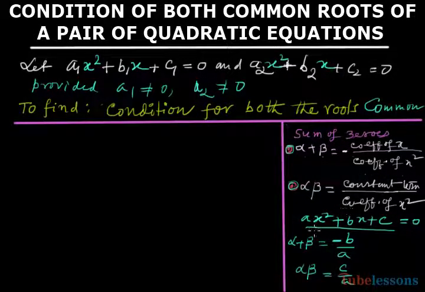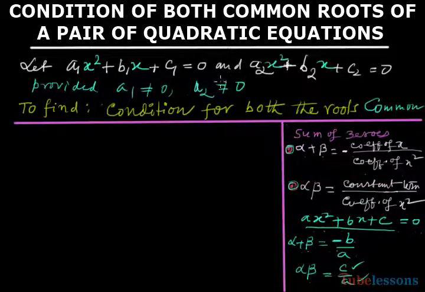So when the equation is ax square plus bx plus c equals 0, the sum of the zeros alpha plus beta is minus b by a, that is, minus the coefficient of x, which is b, by the coefficient of x square, that is a. And the product of the roots is the constant term c by the coefficient of x square, that is a.